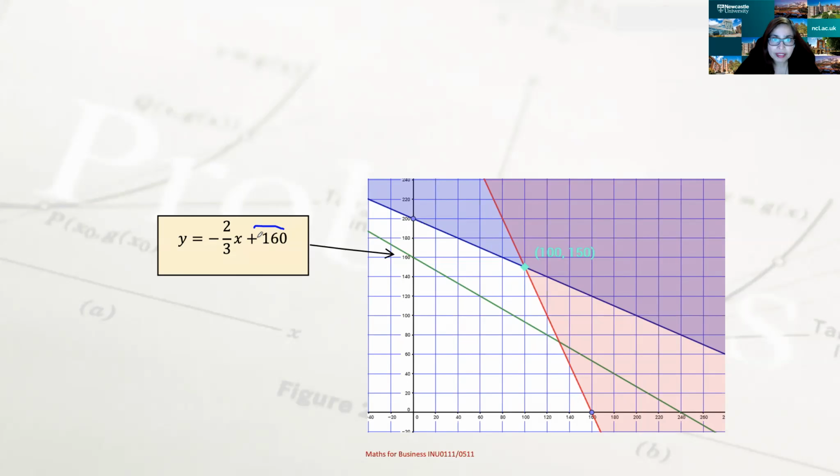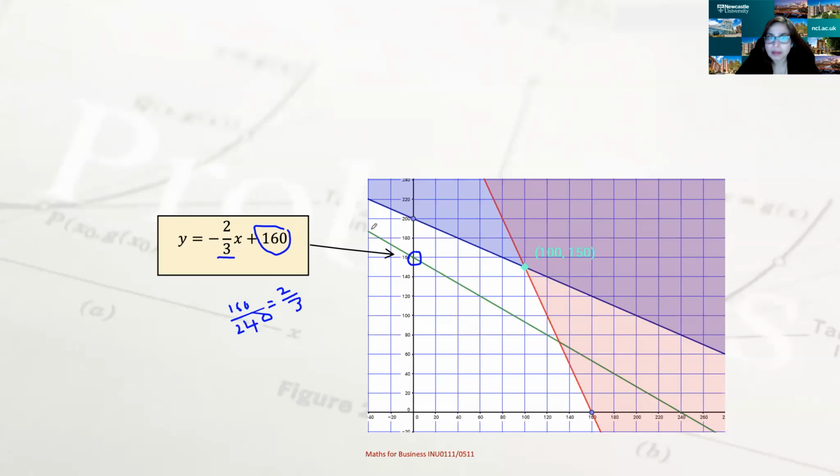Look at that equation. This line should cross the y-axis at 160. And because this gradient is 2/3, I'm going to write this as 160 over 240. Look at that. That's how I got my other point. So this is nothing but 2/3.